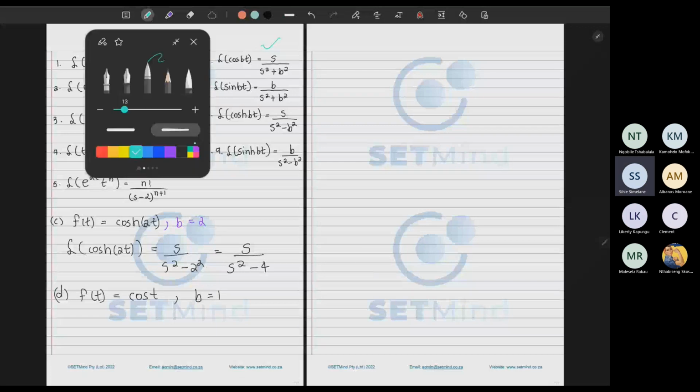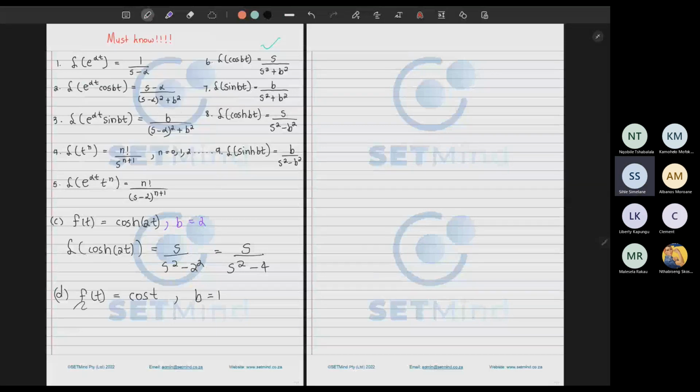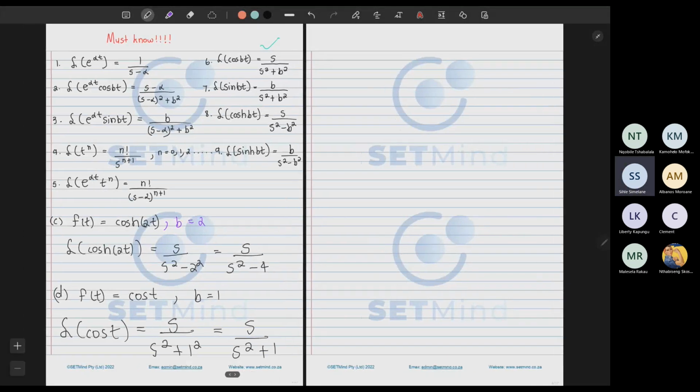And now I'm looking for the Laplace transform of cos of bt, where b is 1. So this should equal s over s squared plus 1 squared, which is just s over s squared plus 1. That's the Laplace transform of your cosine.